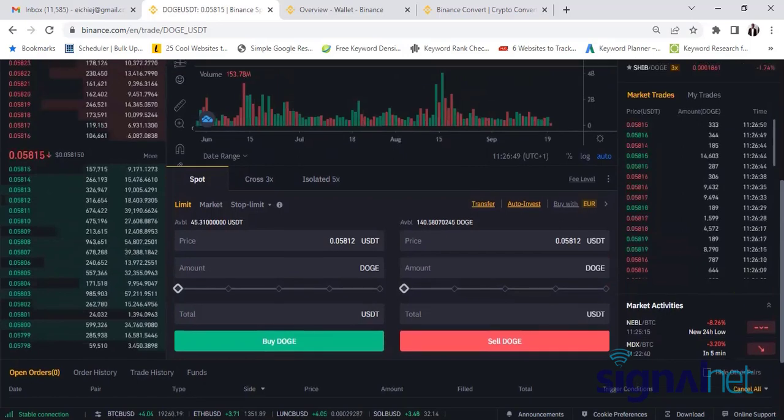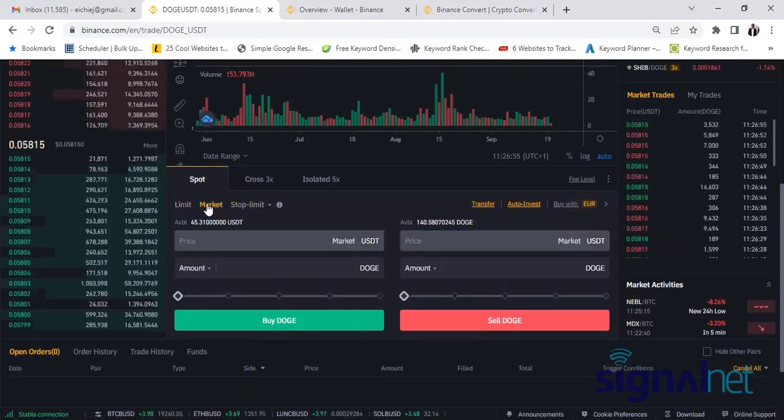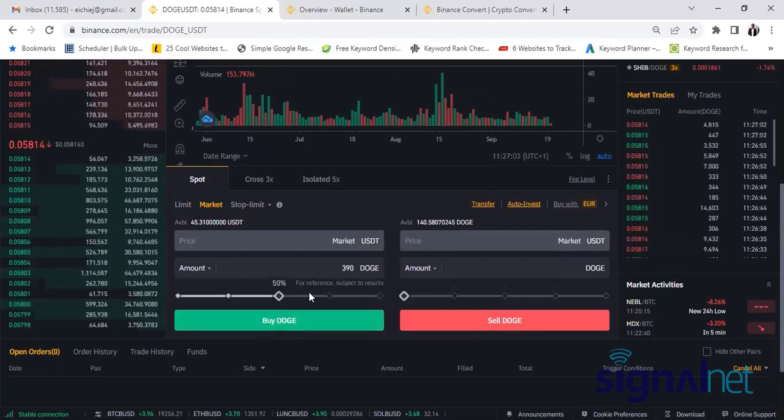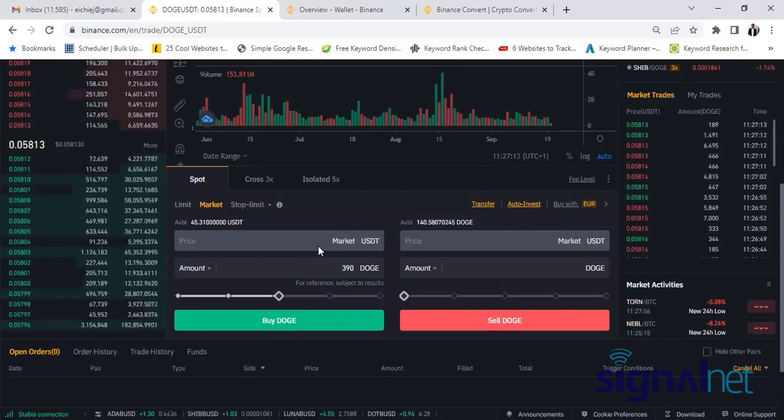What this means is this. Normally, if I choose market right now, and I put that same $11, or 50% of my balance, and I click buy, it's going to instantly convert that quantity of my balance to Doge.